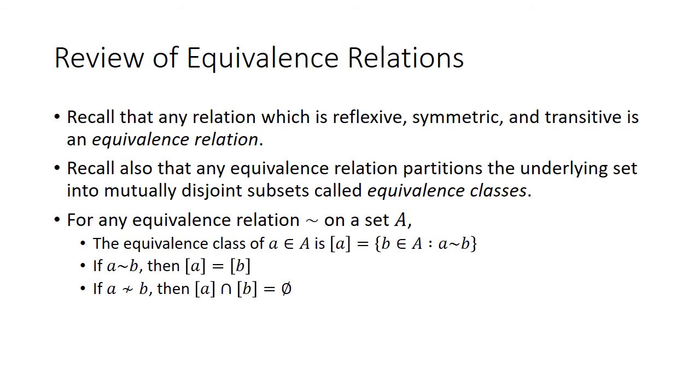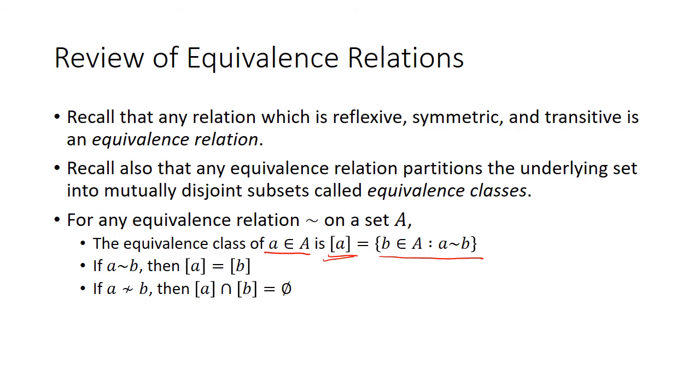So for any equivalence relation tilde on a set A, the equivalence class of an element little a in big A is written like this. It's bracket a, and that is defined to be all of the elements b in the set A such that little a is related to b. So this is just everything that is related to a. That's what bracket a is.